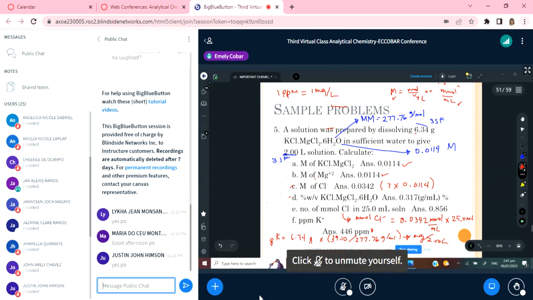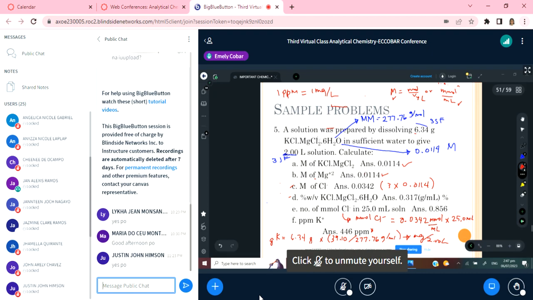There are 12. So, 12 times 1.008. Okay? Ano pa? Oxygen. There are 6. Okay? 6 times 16. So, ganun mo kukuhanin yung molar mass ni potassium chloride, magnesium chloride, hexahydrate. Basta i-add mo lang lahat yung atomic masses ng lahat. And so the molar mass of this is 277.76 gram per mole.